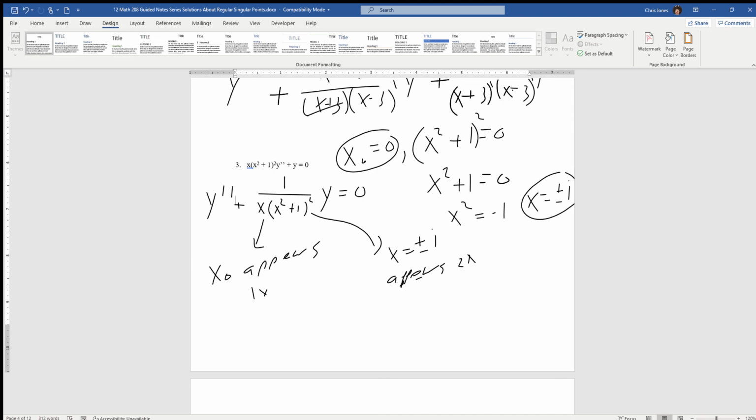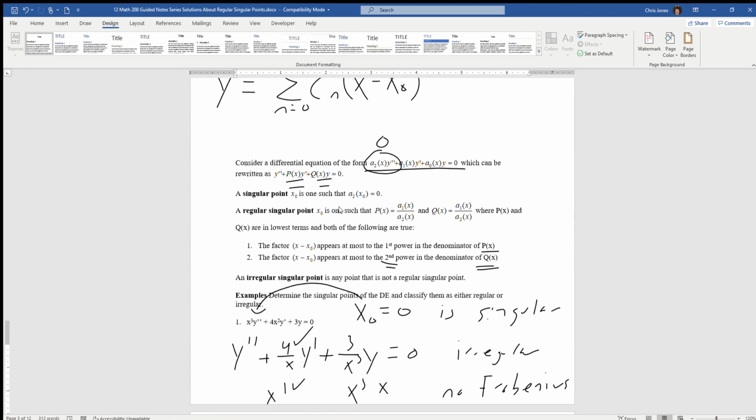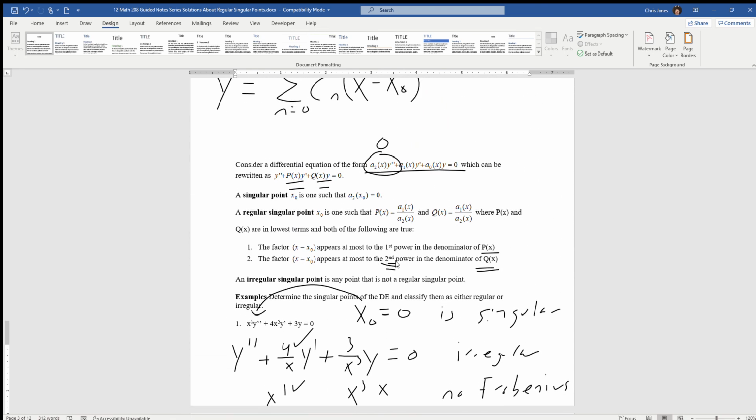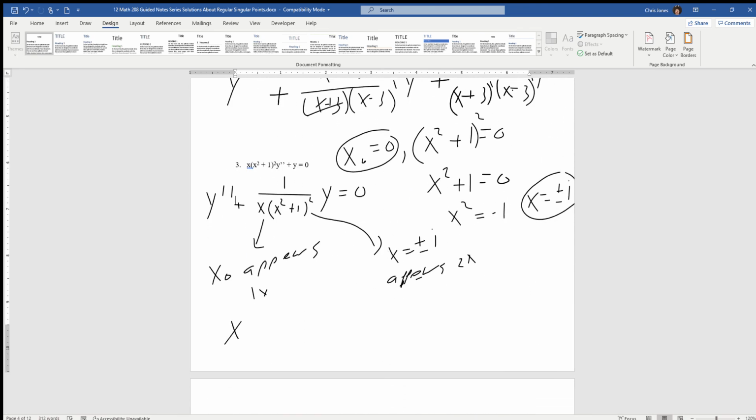But that's okay, because it's in the denominator of q. All right, so remember, if we go all the way back up here, it can appear twice in the denominator of q, and q is the coefficient in front of just y. So what we can say is that x naught equals 0 and plus or minus i are regular singular points.